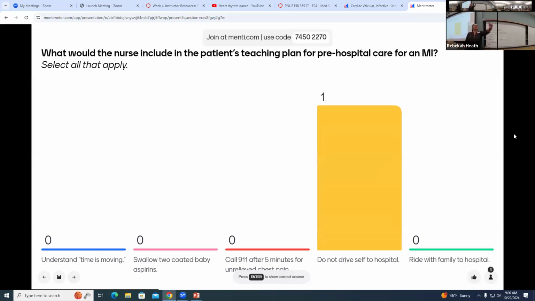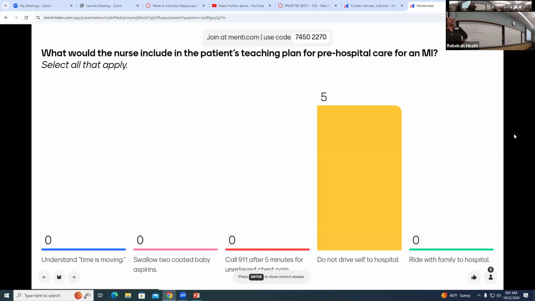So let's pick out the clues. What are the flagged words or the clues that we can pick out from this question? Patient teaching, pre-hospital care, an MI, right? What's an MI? Yeah, myocardial infarction. I'll talk about that, but that's where the heart muscle is actually a piece of it or been severely damaged.